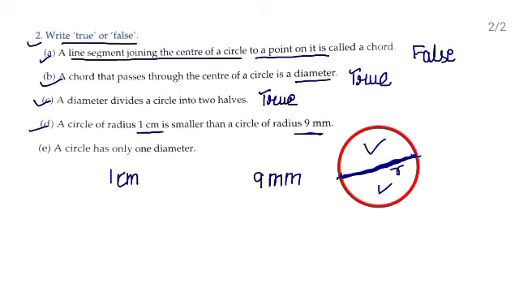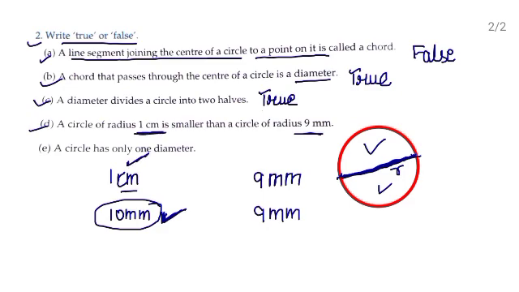First of all convert both in the same unit. This is in centimeter, so 1 centimeter is equals to 10 millimeter, and this is 9 millimeter. So which radius is greater? This radius is greater, and if this radius is greater, its circle will be greater, right? A circle of radius 1 centimeter is smaller, they said smaller, but this is greater. So this will be false.